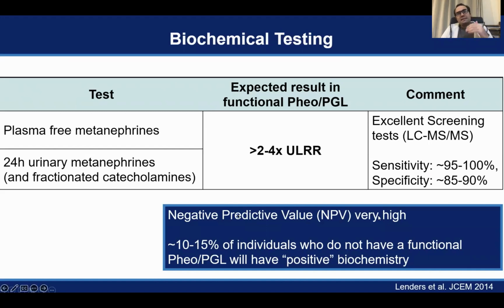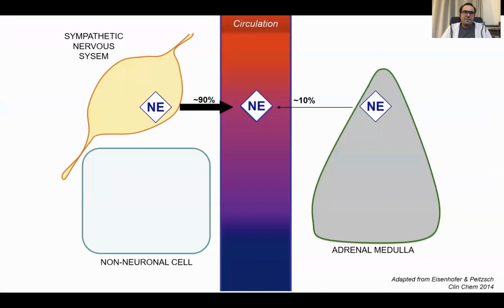But if the patient has slightly elevated metanephrines, this patient may not have a pheo. You cannot say that any patient who has slightly elevated metanephrines has a pheo because of false positivity in around 10 to 15% of individuals, especially when it is slightly elevated. But if it is markedly elevated, then the positive predictive value increases.